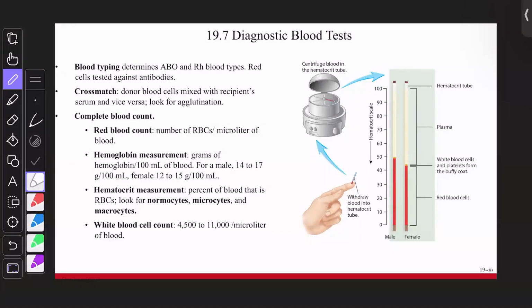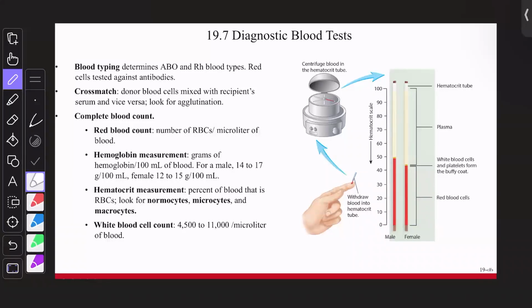Do you understand the difference between blood typing and cross matching, and why both need to happen? This is a common misconception that ABO and RH are the only potential issues when you're donating blood to somebody. There are hundreds of antigens on your blood cells, and any one of them could create a reaction.